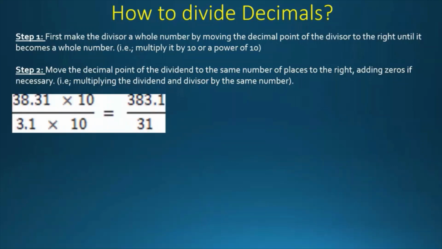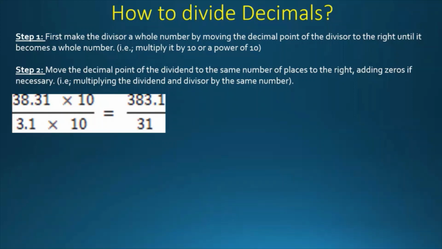For example, we have 38.31 divided by 3.1. We will multiply by 10, because when we multiply by 10, it will become 383.1 divided by 31. If the dividend is still a decimal even after the multiplication, we should leave it as it is.